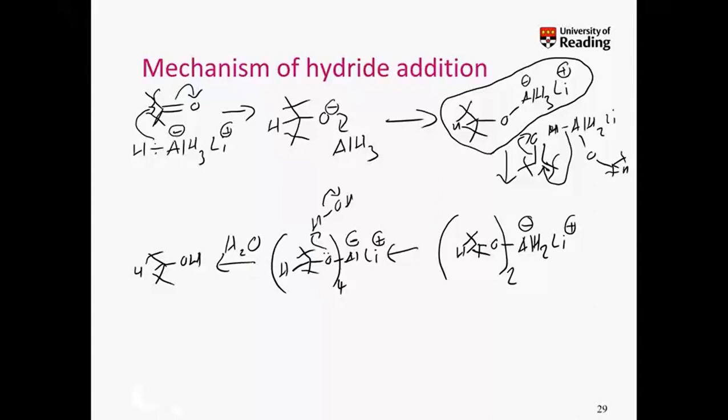Now, as I said, you would add the water at the very end, and that's because if you take lithium aluminium hydride and you add water to it, this H- that we've been using for our carbonyl chemistry would also react with the water.